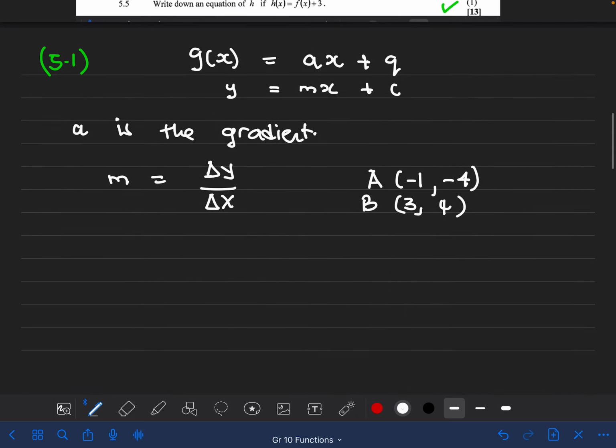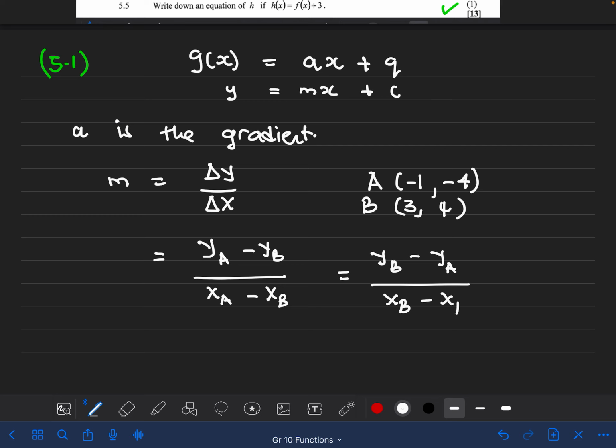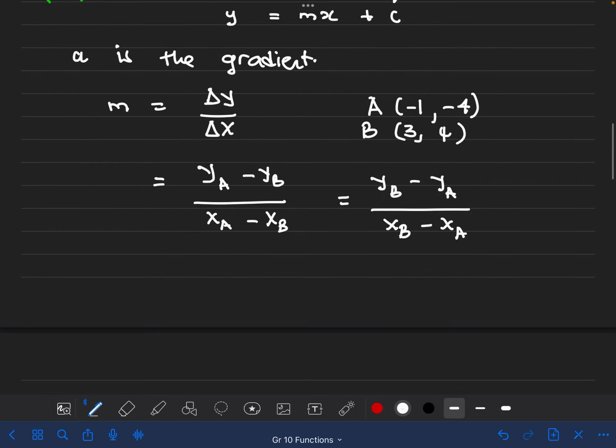Now we are finding a. The change in y simply means the difference, right? It can be y_A minus y_B divided by x_A minus x_B. Also, guys, this is the same as y_B minus y_A divided by x_B minus x_A. You can use either of these two formulas and you will get the same answer.